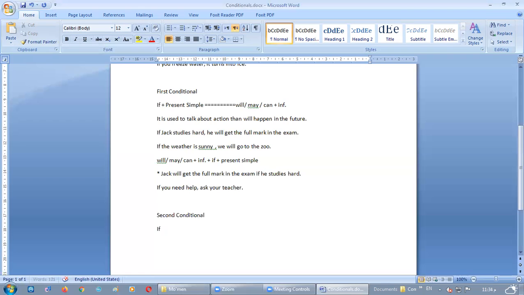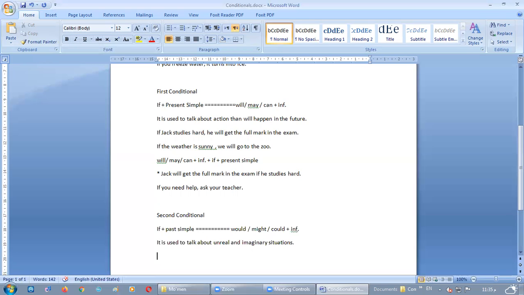If plus past simple, and in the second part, we're going to use would or might or could plus infinitive. It's used to talk about unreal and imaginary situations.